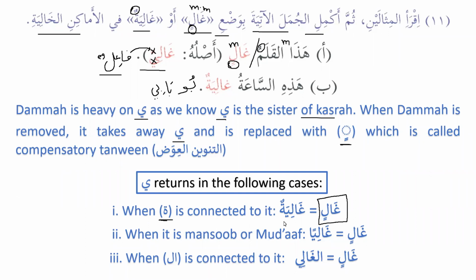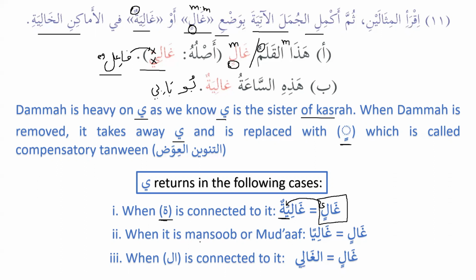Similarly, if you say wadin, it will be wadiyatun. So any noun that is manqus or defective noun, when ta marbuta is added to that, then ya comes back. So you remember the ya that was dropped from here when ta marbuta was added to it, it came back. So this is the first condition when ya comes back.